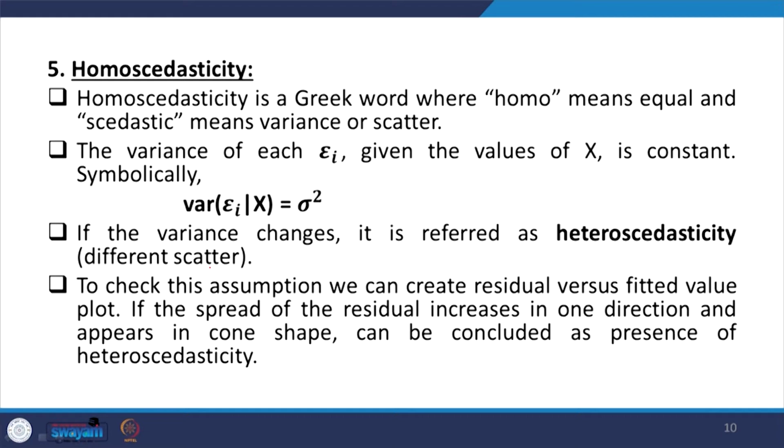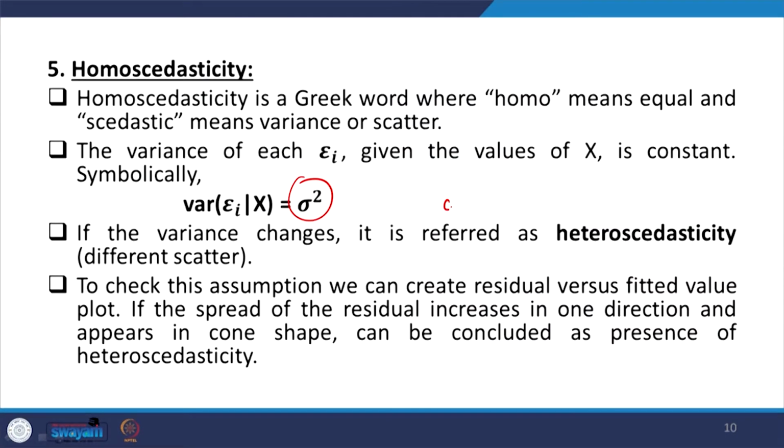Now, coming to the issue of the variance of the error term distribution, we are going to emphasize another assumption called homoscedasticity. The word homoscedasticity is derived from Greek, with homo referring to equal and skedasticity referring to variance or scatter. The variance of each error term, epsilon i, given the value of x, is constant.